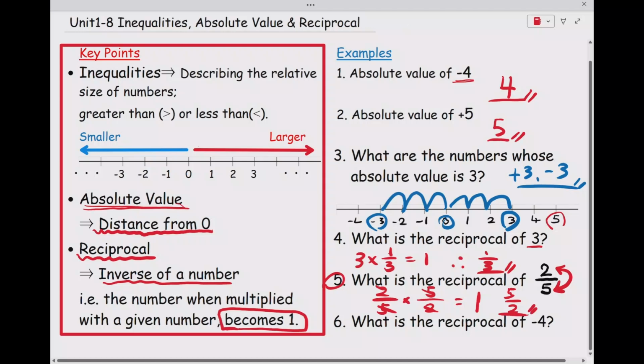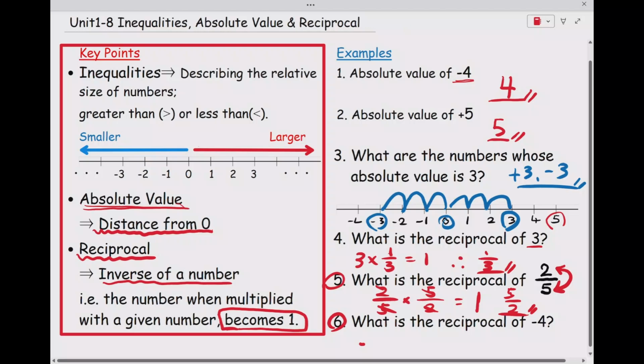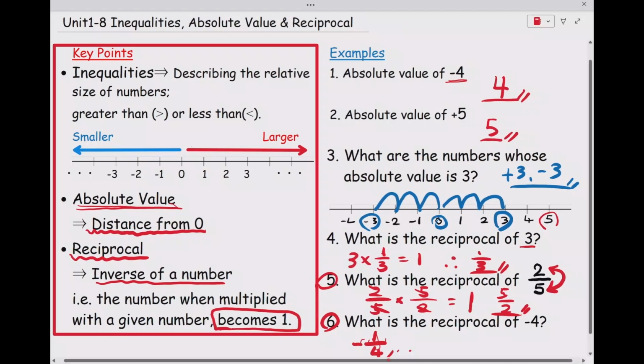Next one. What about the reciprocal of -4? It's the same thing. It's the number that multiplies to 1. So, the answer is the inverse of -4, which is -1/4. Just flip the given number upside down.